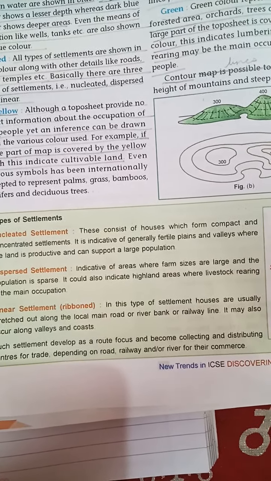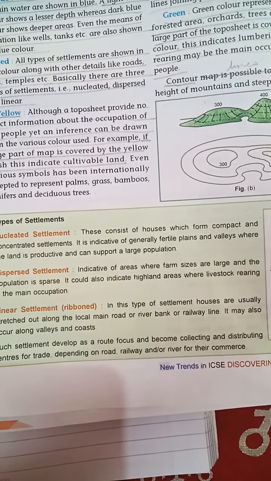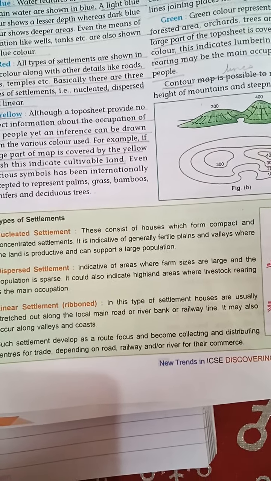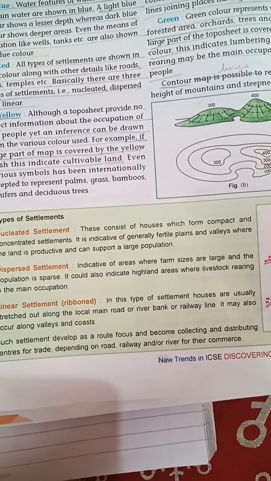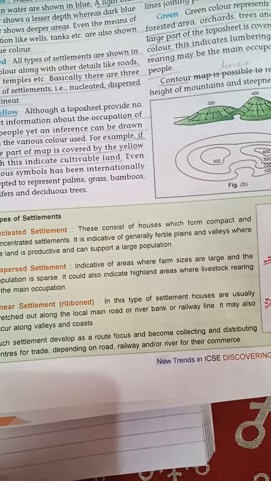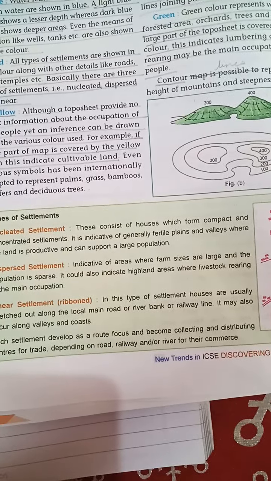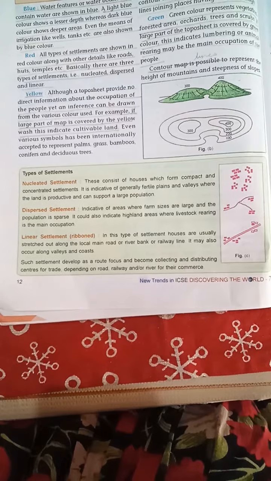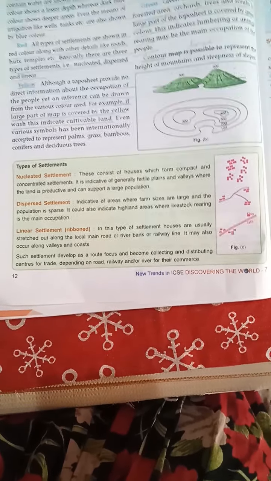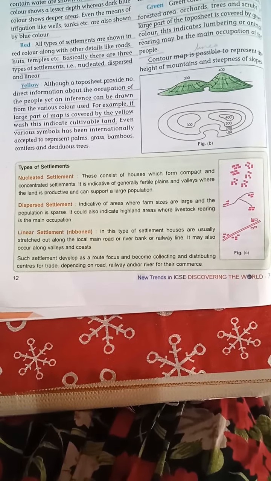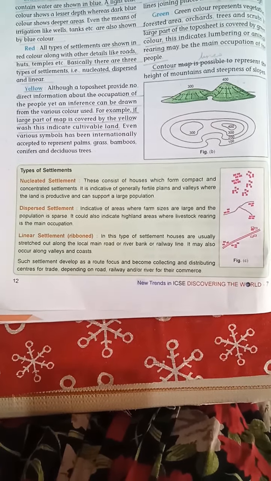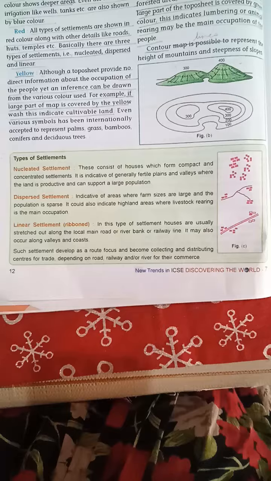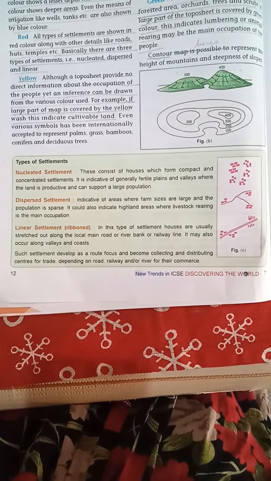In this type of settlement, houses are usually stretched out along the local main road or river bank or railway lines. It may also occur along valleys and coasts. Such settlements develop as a route focus and become collecting and distributing centers for trade depending on roads, railways, or river for their commerce.